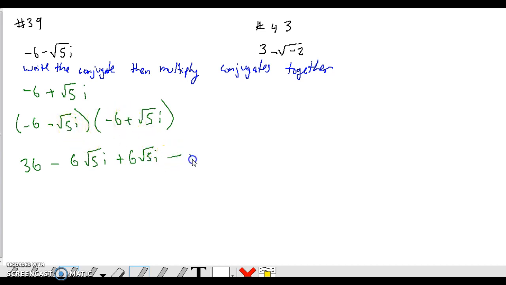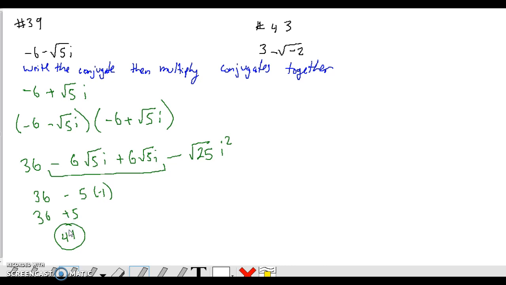Negative 25i squared. These guys cancel out. So 36 minus 5, and then i squared is negative 1. So 36 plus 5, which gives us just 41 for our answer, which is wonderful. Again, we should only have a number.